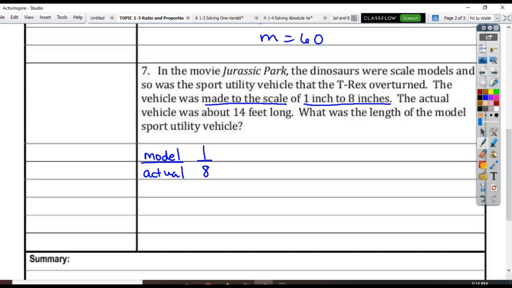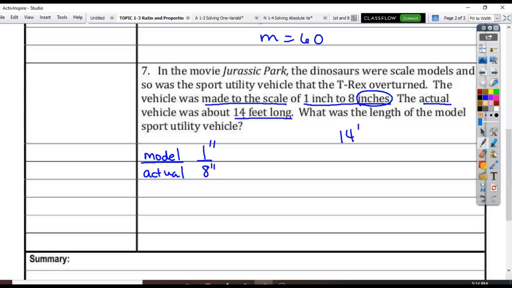Okay? Then it says the actual vehicle was about 14 feet long. Something I want you to make sure you check is this right here, this 1 to 8, we're in inches. Now we've got 14 foot. Before we can use that 14 foot or even put it anywhere in our ratio, they have to have the same units.